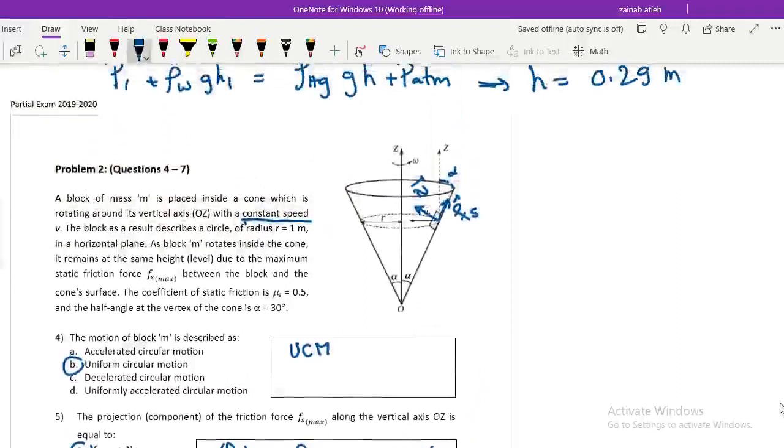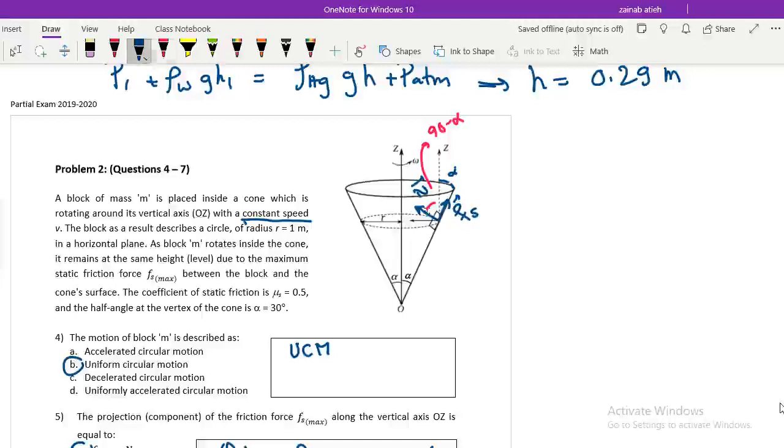This angle here is alpha. This angle here, I will write it in another color, is 90 minus alpha. Okay, because the friction and the normal make 90 degrees.